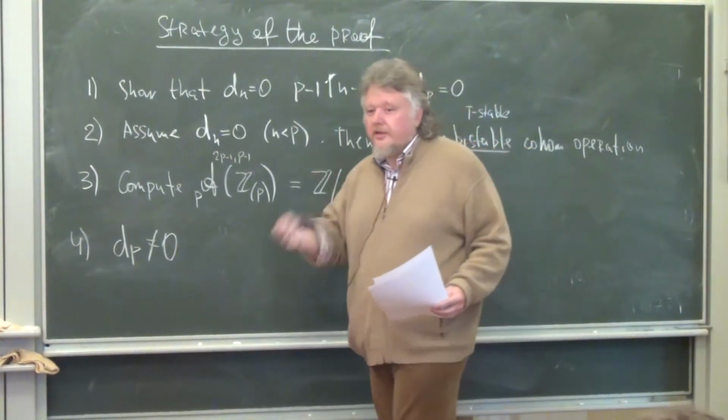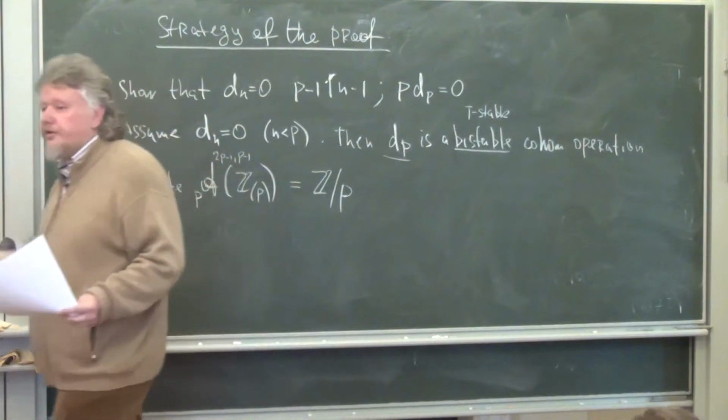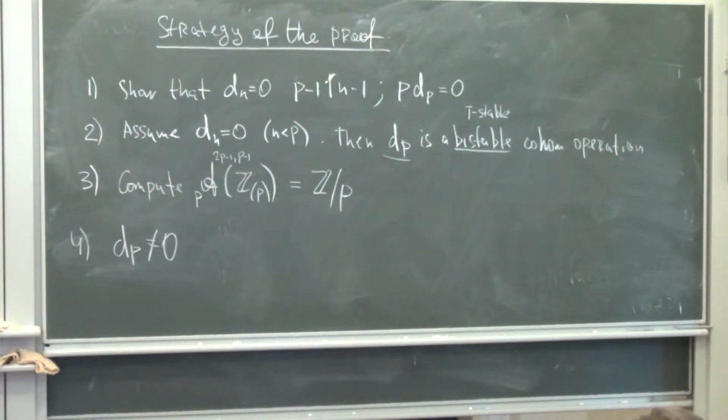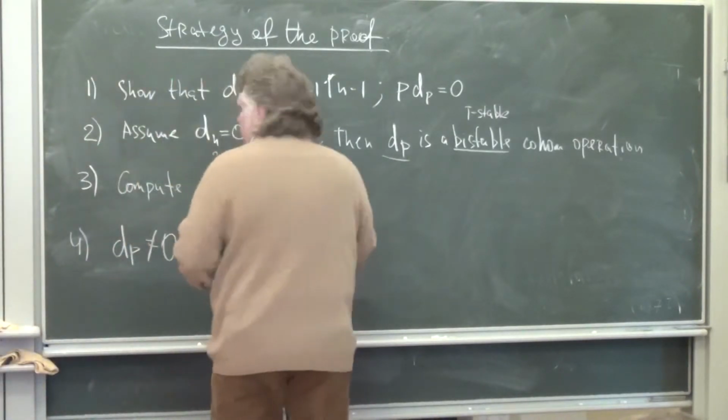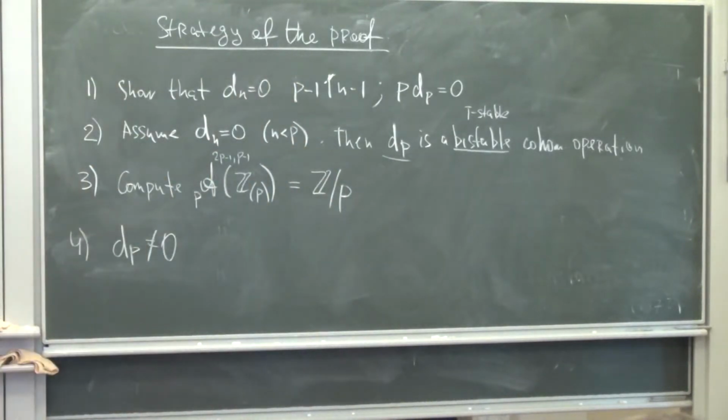We can just construct a very, very explicit example for which d_p is non-zero. Of course, then, if we have just one case where d_p is non-zero, then it's not 0 as an operation. Okay, now let me tell some things about the proof itself.